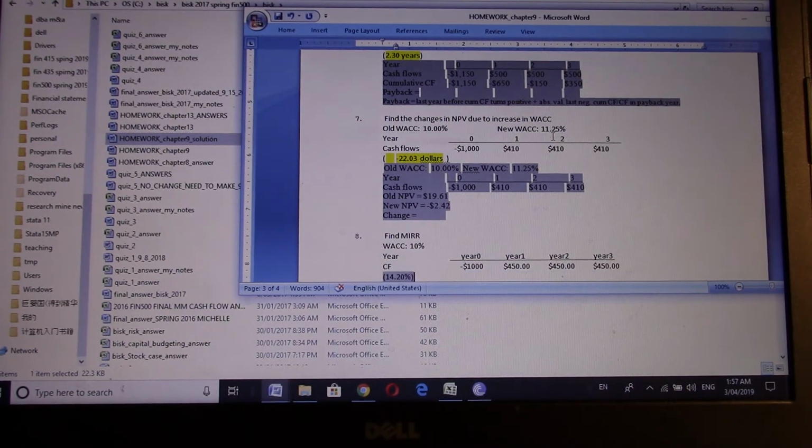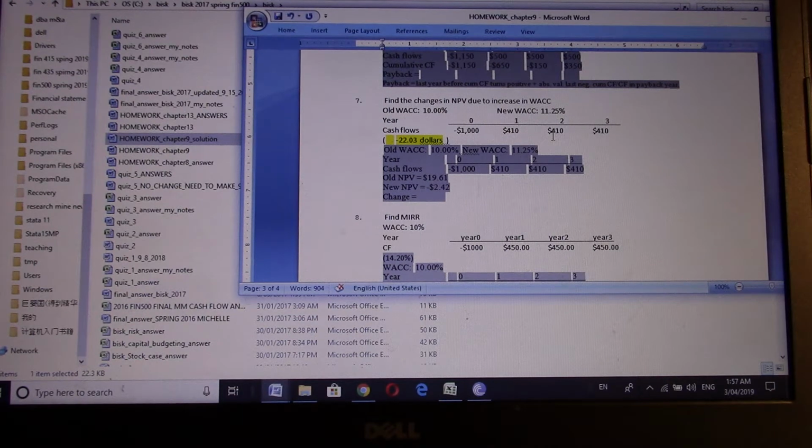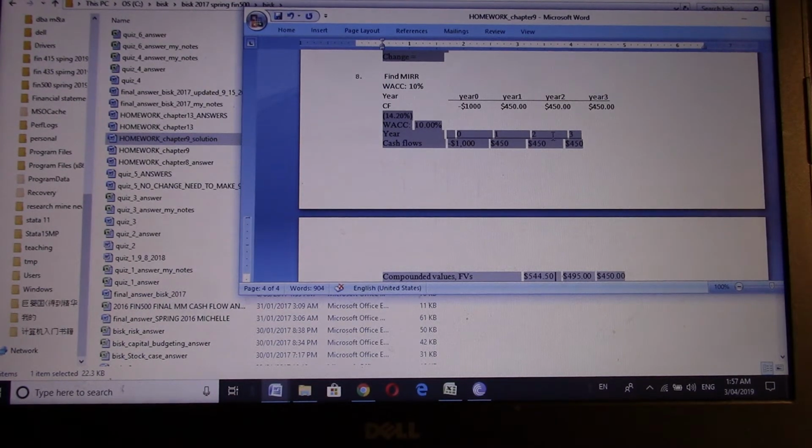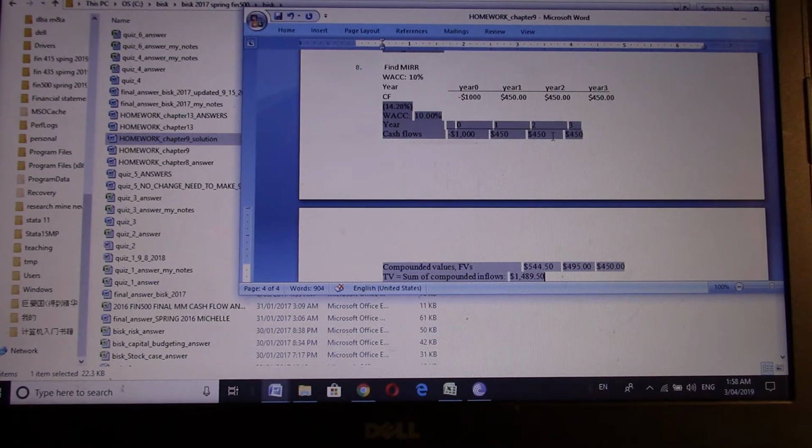Question number 8 is different from the previous questions because it's asking you to calculate MIRR, modified internal rate of return, by considering the rate for reinvestment and also considering the financing cost differently.